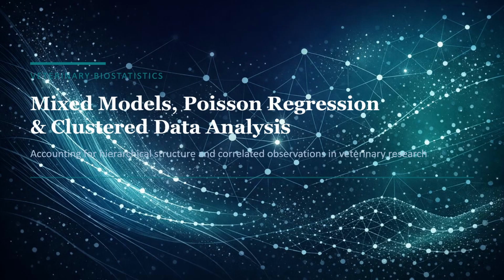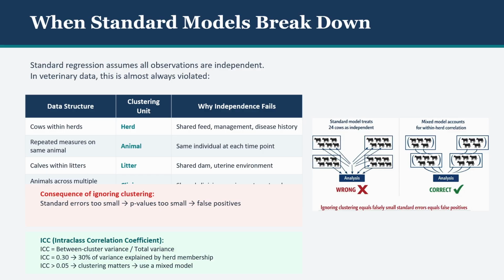Let's get started. Every standard test and model we've covered, t-tests, ANOVA, linear and logistic regression, rests on one assumption. Every observation is independent of every other. In most veterinary data sets, that's false. Cows within the same herd share feed, water, management practices, disease history, and microbiome.